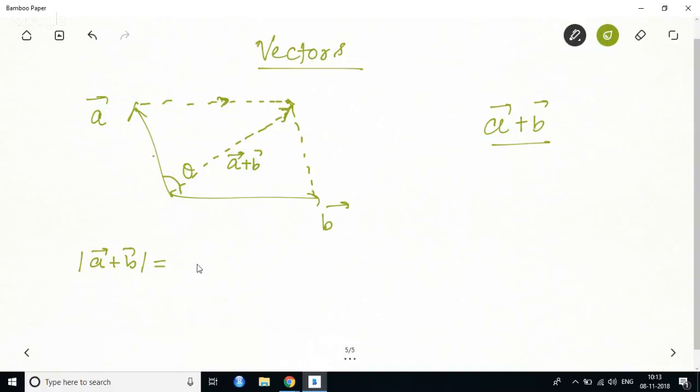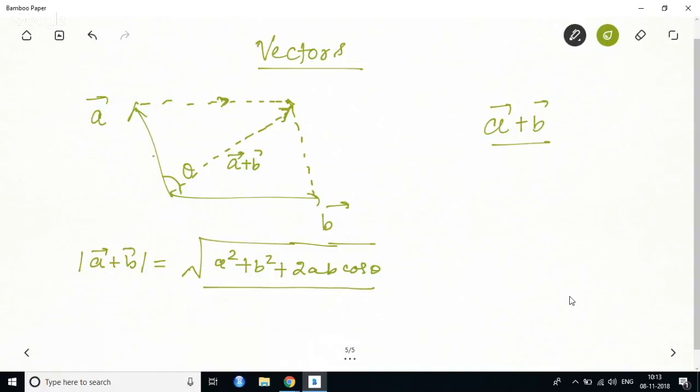I'll prove this in the class, don't worry guys. The magnitude would be A square plus B square plus 2AB cos theta. Fine, so this is the magnitude of the vector.